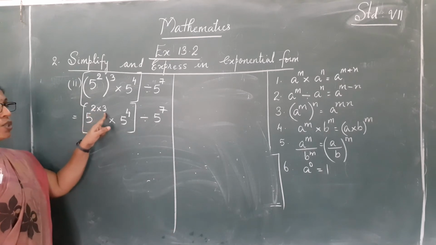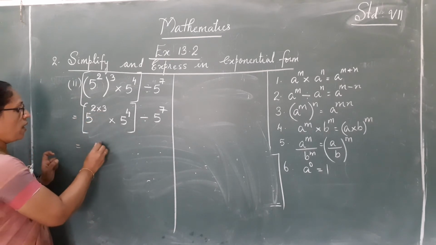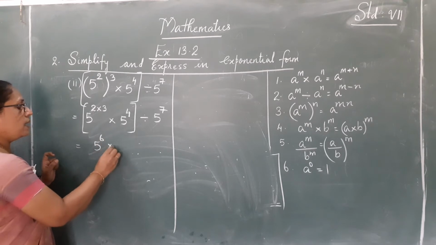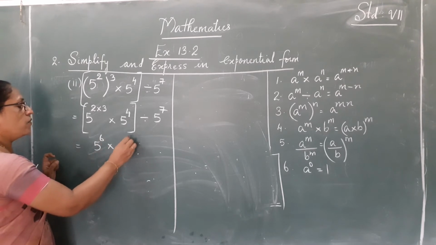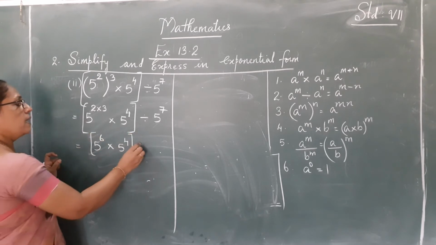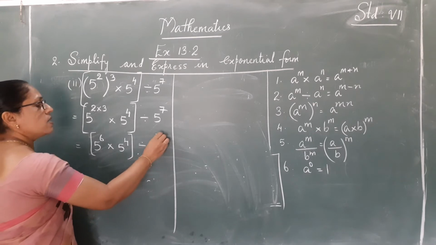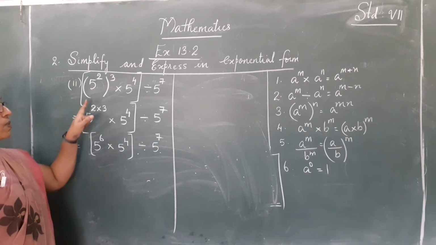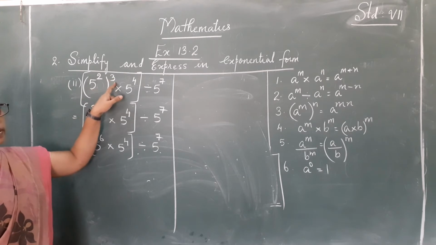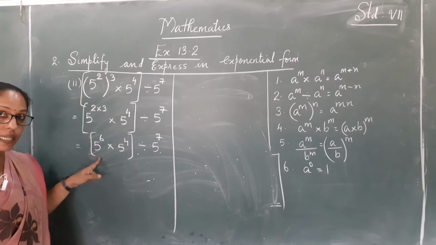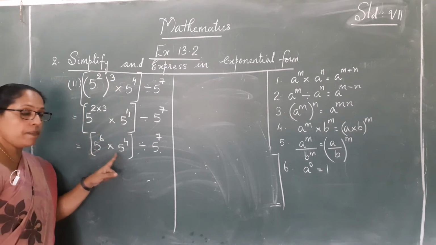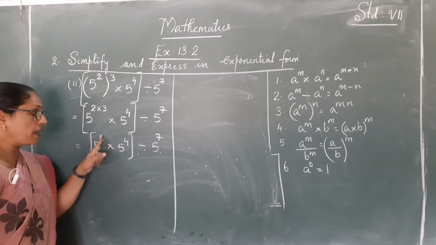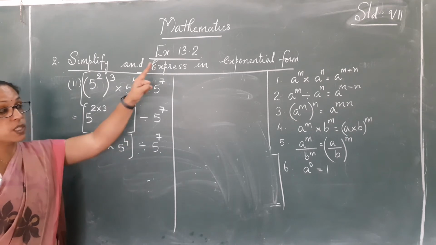5 raised to 2 into 3, so 5 raised to 6 into 5 raised to 4 divided by 5 raised to 7. So first we apply power of a power. Now look at the bracket again, bases are same and multiplying. So we have to add the powers, first law.